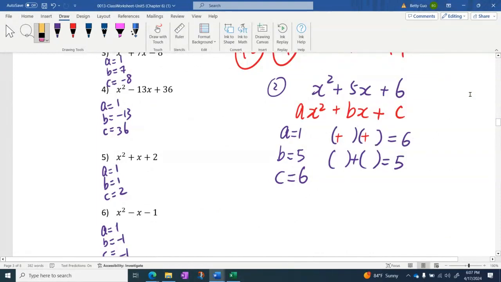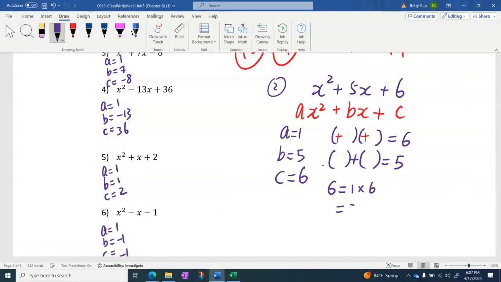And which two positive numbers? We are going to factor the absolute value of c. This part also needs to be memorized. We need to factor the absolute value of c, in this case 6. How do we factor? We start from 1. 6 equals 1 times 6. And try 2. 6 equals 2 times 3.